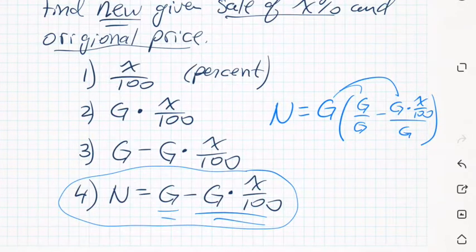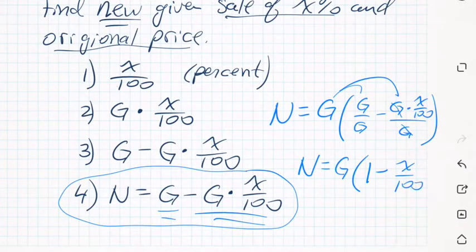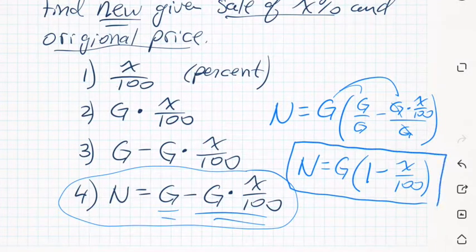But I'm trying to get away from that expression, so I'm going to leave it the way it is. And on the inside, G divided by G is 1 minus. These G's are also going to cancel, and you're just going to be left with X over 100. So this becomes known as the percent change formula.